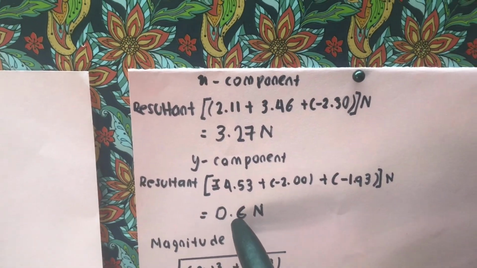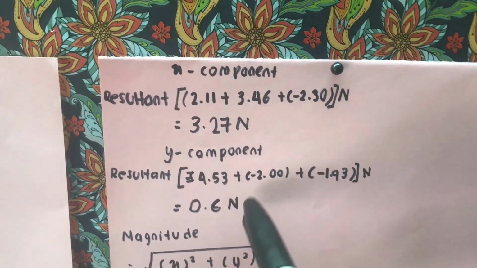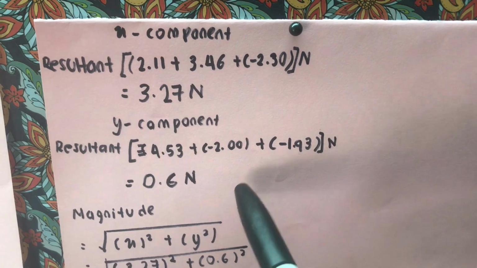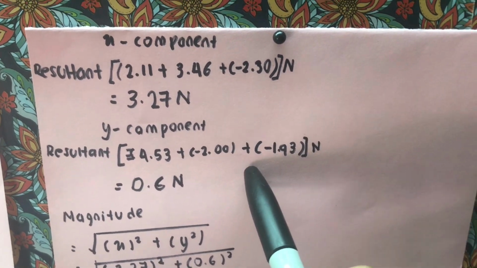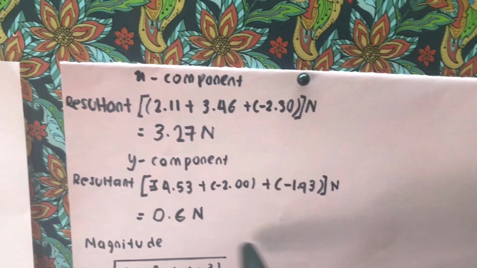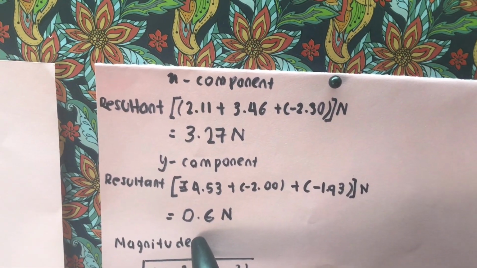So 4.53 plus negative 2.00 plus negative 1.93. So we got the answer 0.6 Newton.